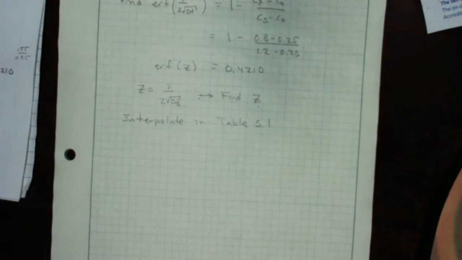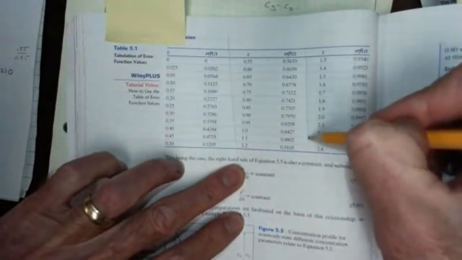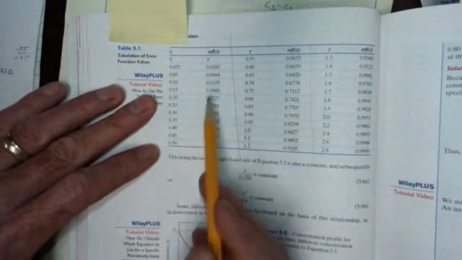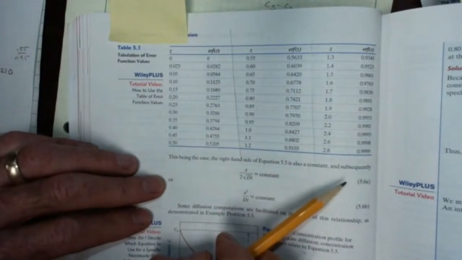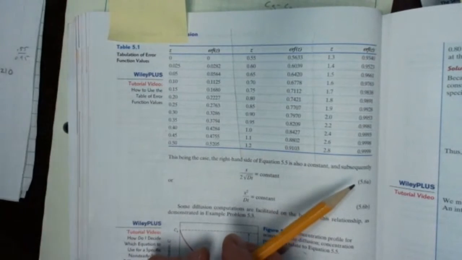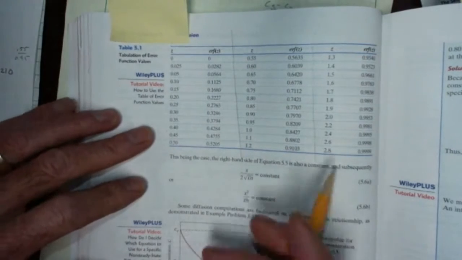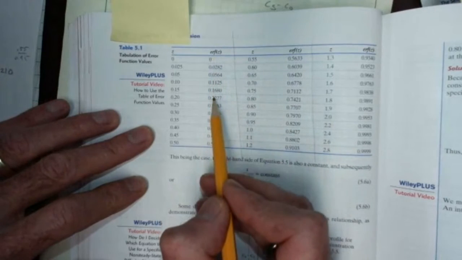Here is the error function table. You can see that it is a table of values of z and the error function of z. I just solved that erf of z is 0.42, so I need to find where in this table 0.42 falls.